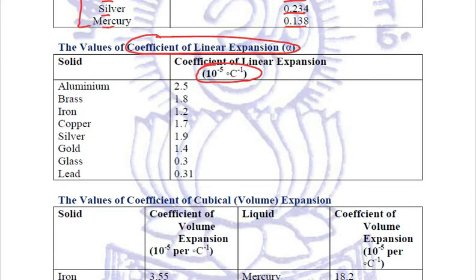The coefficient of linear expansion in solids, especially in metals, are: in aluminium the value is 2.5, brass 1.8, iron 1.2, copper 1.7, silver 1.9, gold 1.4, glass 0.3, lead 0.31. So this is our coefficient of linear expansion, which we know is the expansion in the length of the solids when they are heated.